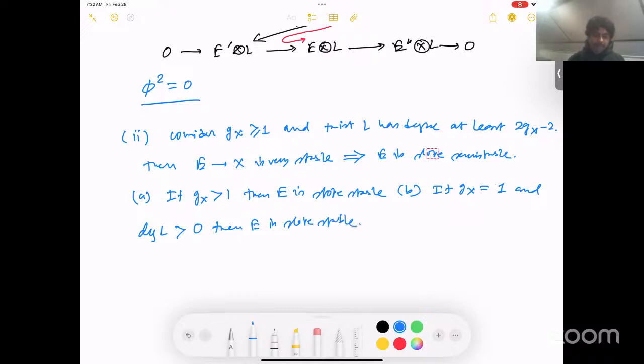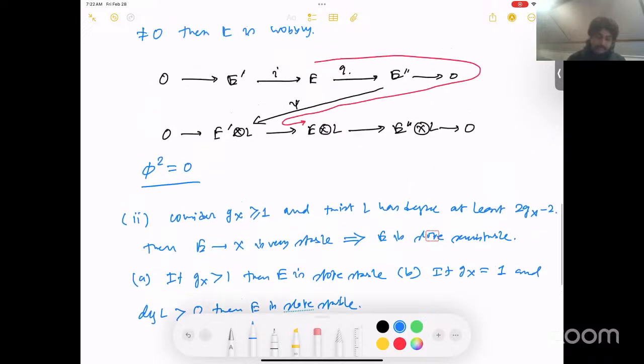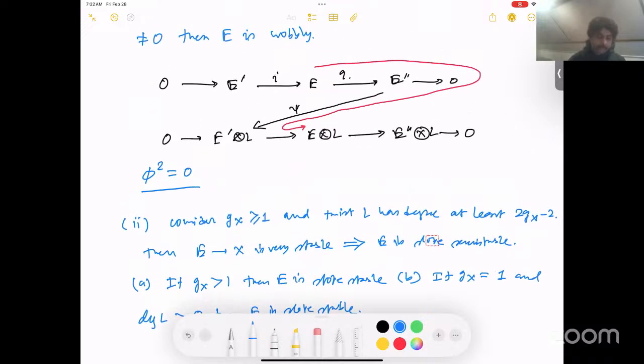So the principle is quite straightforward. If you have a destabilizing subbundle, then you can actually create this diagram that I have drawn already.